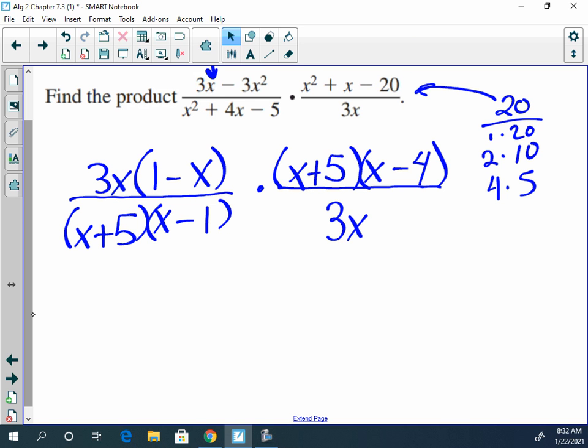So any questions on anything we've done so far? We're good with this here? So how would we multiply these? Well, what's on top multiplies with what's on top, yes? What's on bottom multiplies with what's on bottom.